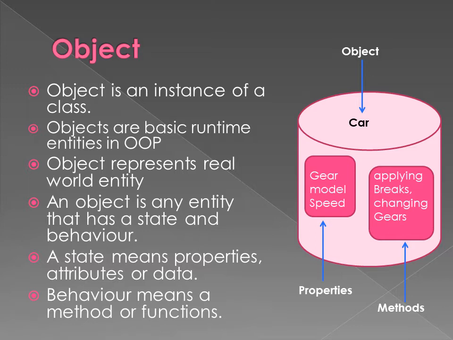An object represents a real world entity. This means that an object may represent physical as well as logical entities that exist in the real world. These entities can be a person, place, animal, bird, or things.